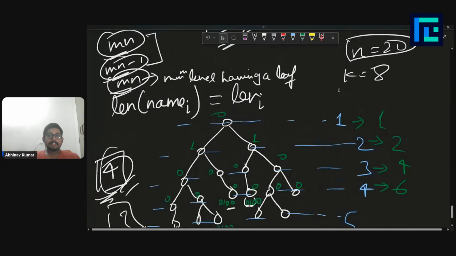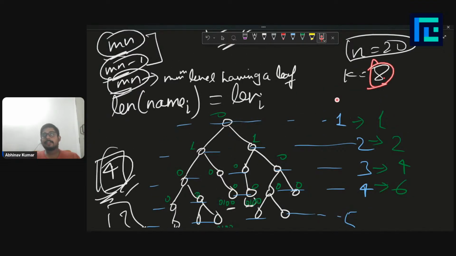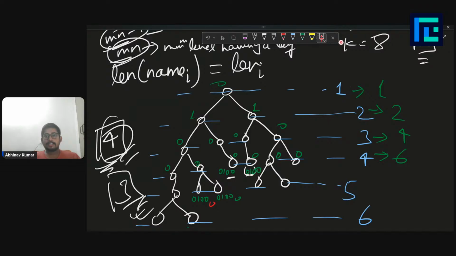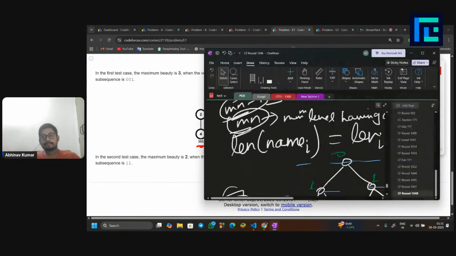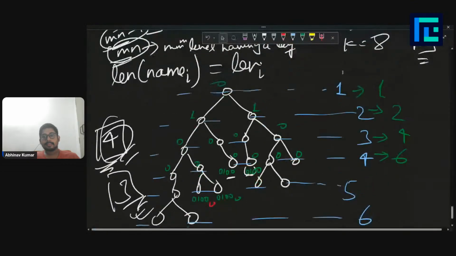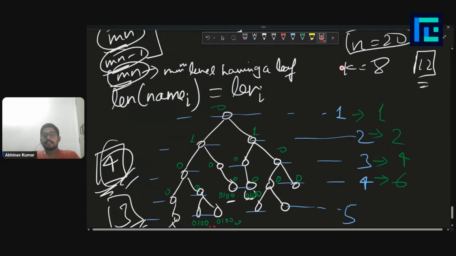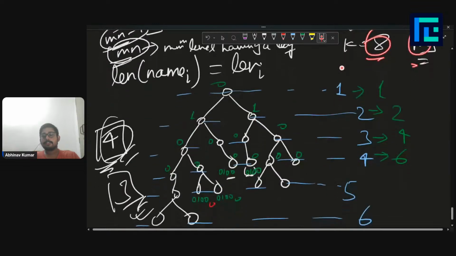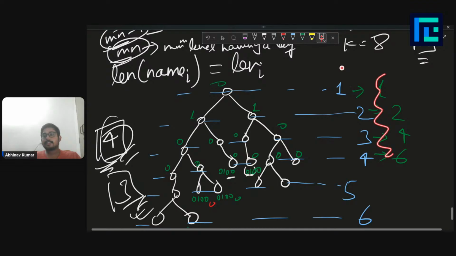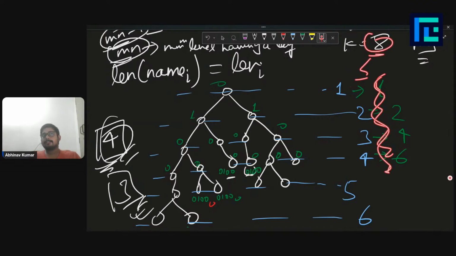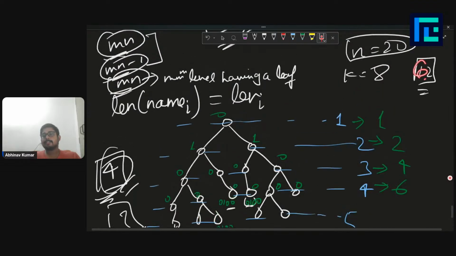If k is 8, that means we have 8 zeros and n minus k, which is 12 ones. Using these k zeros and 12 ones, you need to make a valid assignment so that the sum of a subset of this is less than equal to 8 and the remaining subset value is less than equal to 12.